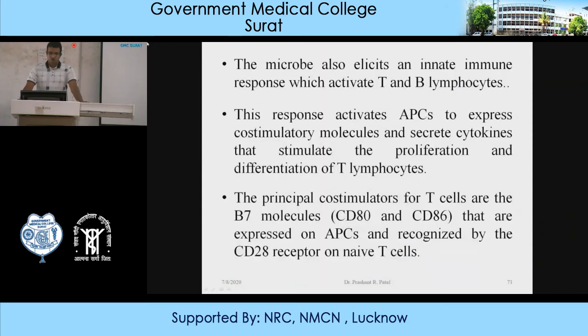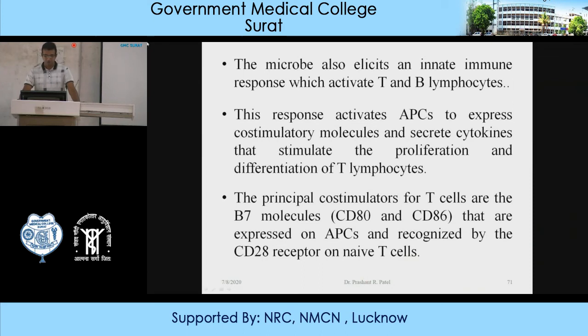The microbe also elicits an innate immune response which activates T and B lymphocytes. This response activates antigen presenting cells to express co-stimulatory molecules and secrete cytokines that stimulate the proliferation and differentiation of T lymphocytes.